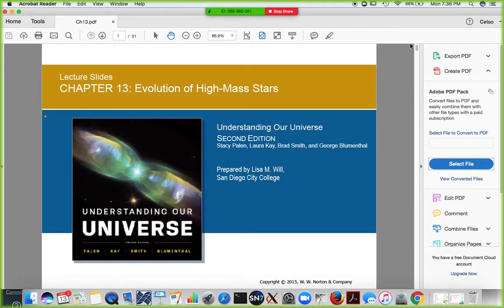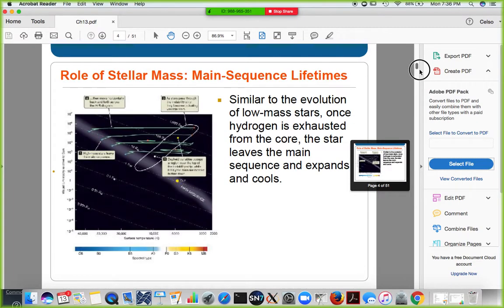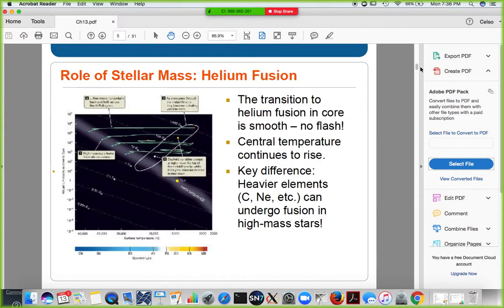So in this chapter, those are the evolutionary paths of a high mass star. Oh, in fact, no, I'm sorry. Those are the post-main sequence phase, not the pre-main sequence, of a star that is 8 times or more massive than the Sun.